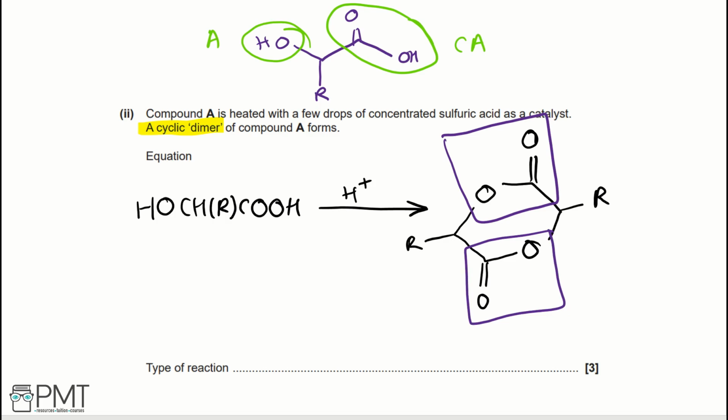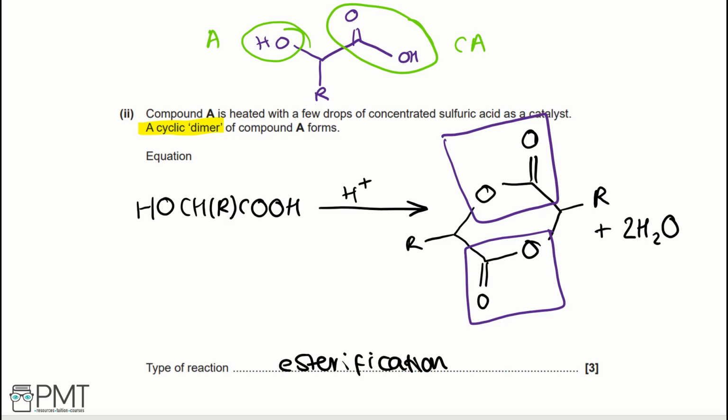And we can see that this molecule is symmetrical, which is what a dimer is. 2 identical groups, very easy to split it down the middle and make it symmetrical. As we're forming an ester, this is a condensation reaction, so we would form water as a byproduct. The type of reaction we can say is esterification because we are forming an ester.